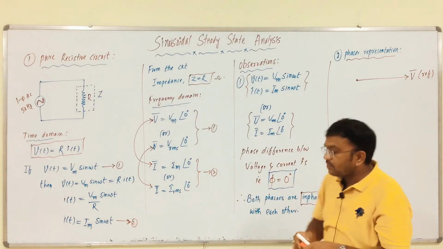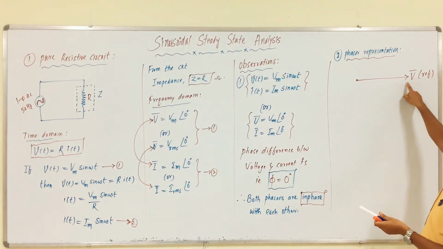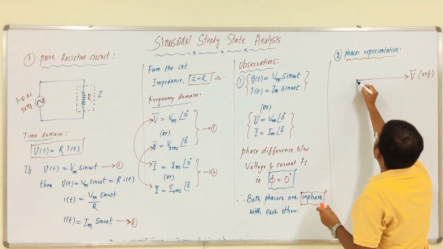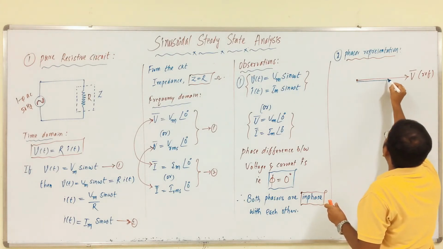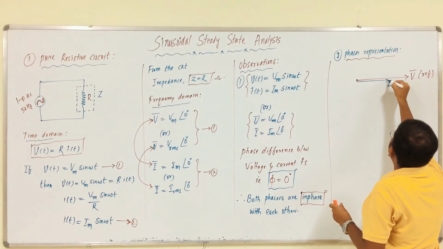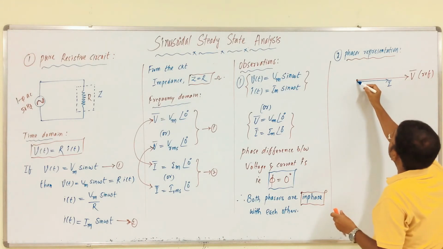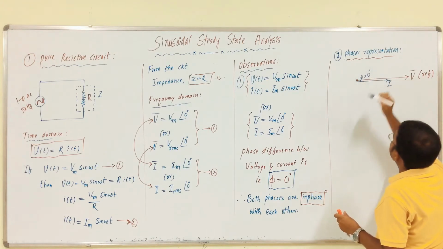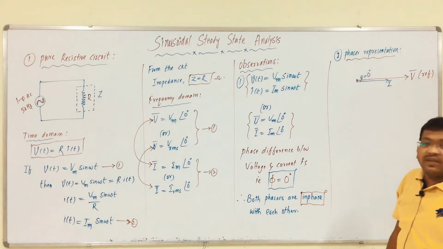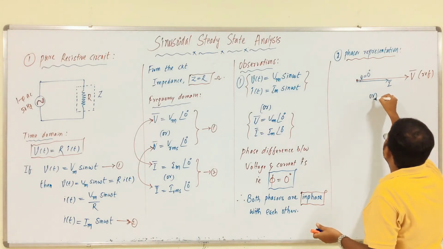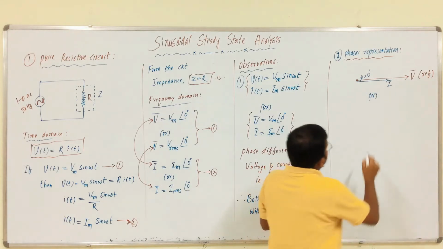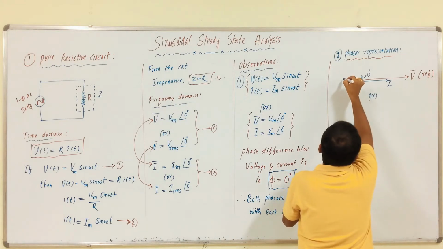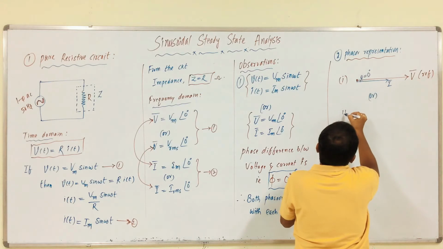So, this is the voltage phasor, we can consider it as reference, like that we have to write the current phasor in this manner, right. Means between these two, phi is equal to 0 degrees, said to be in phase, or you can draw like this. Second representation is what?